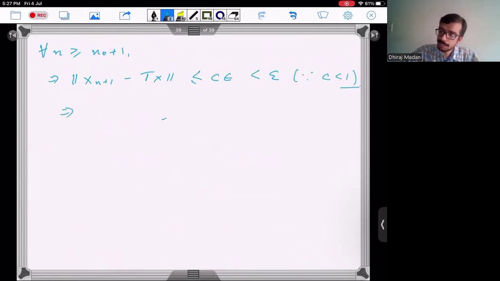Which means that the sequence xn also converges to Tx.